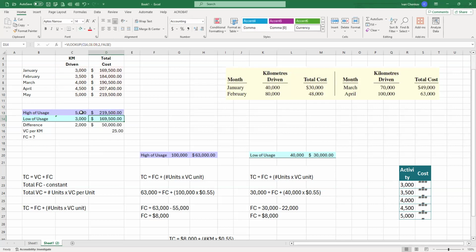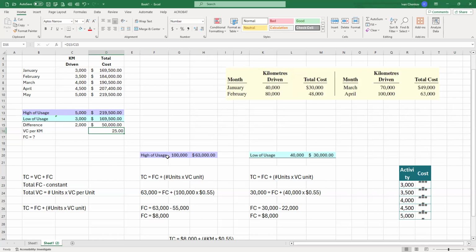So in that case, we can see the highest point is May, 290,000. The lowest point is January, 169,500. 2,000 is the difference in the usage activity. 50,000 is the difference in the dollar amount. Cost per kilometer, so cost per activity is $25.